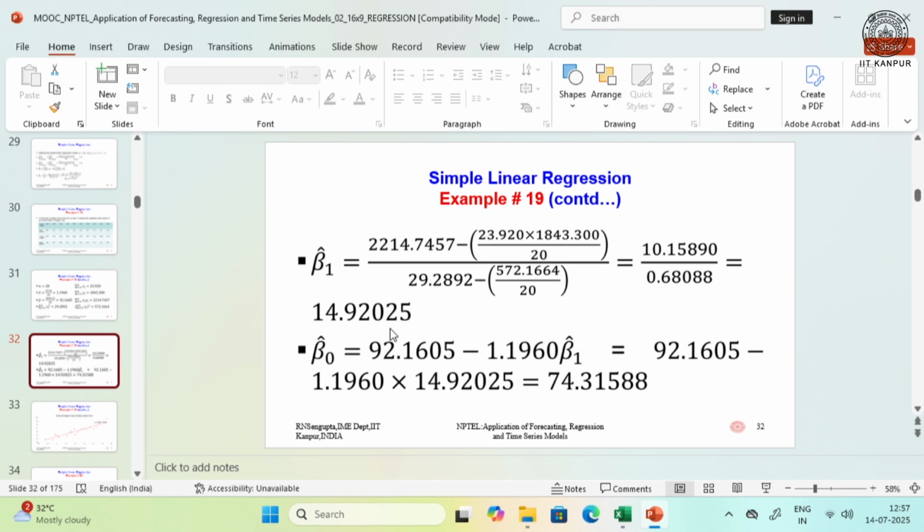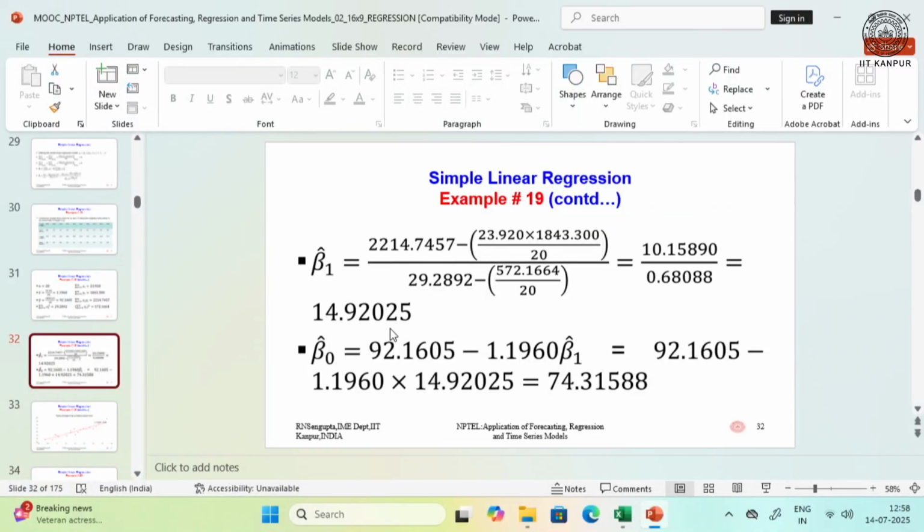Beta 1 hat is the rate of change of y with respect to x. If you remember, x was the hydrocarbon and y was the oxygen percent, both in percentage. So, for 1 unit change in x, the rate of change of y comes out to be 14.92 units.